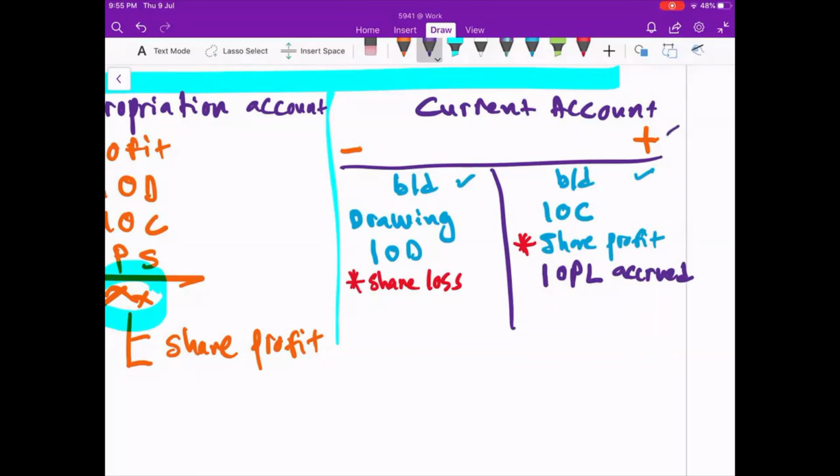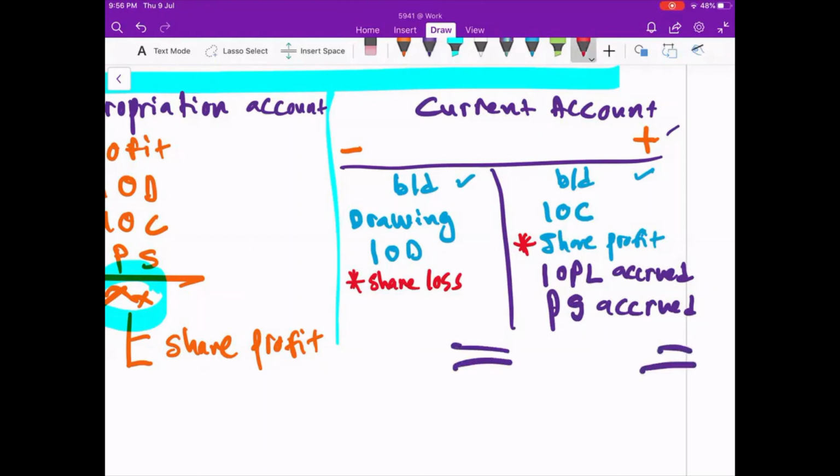It will increase their account. And also the partner's salary accrued. If you already paid, or if the question didn't say anything, we assume we already paid. So if the question says partner's salary accrued, then we will write it on the credit side of the current account. Then you balance up, you'll get a balance.